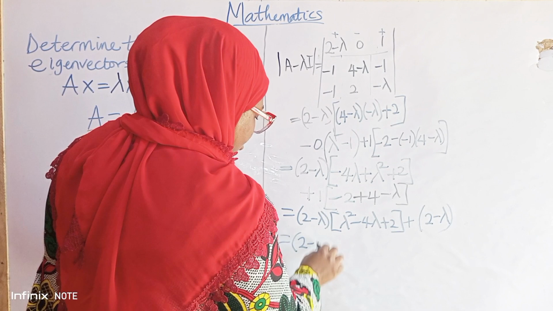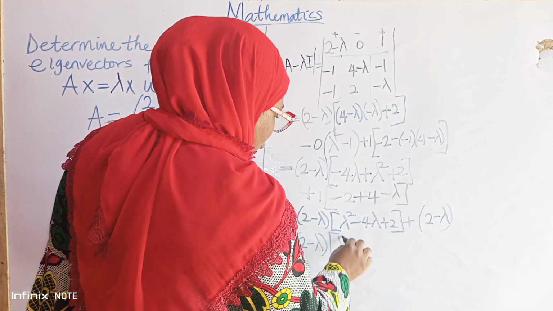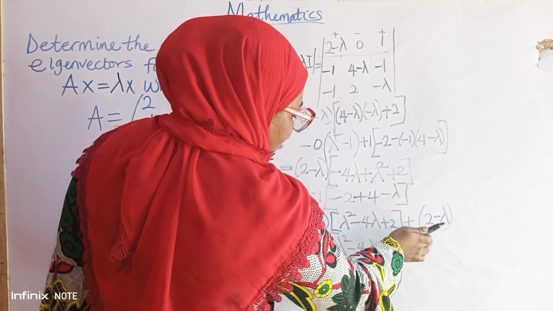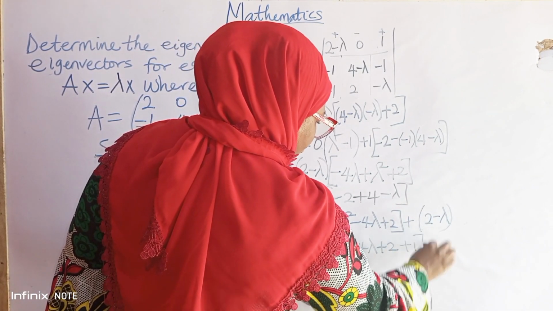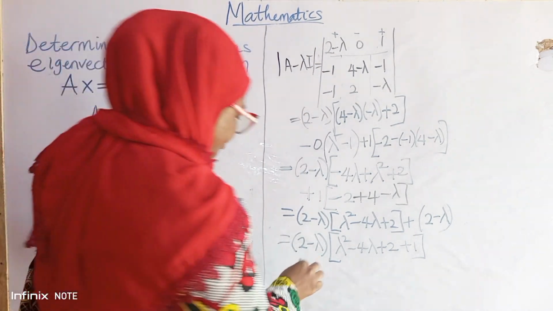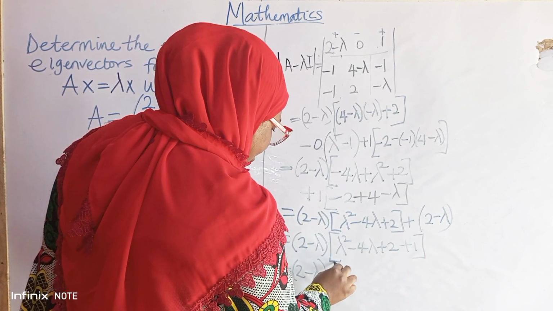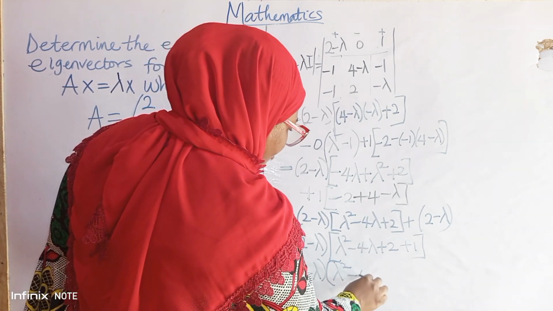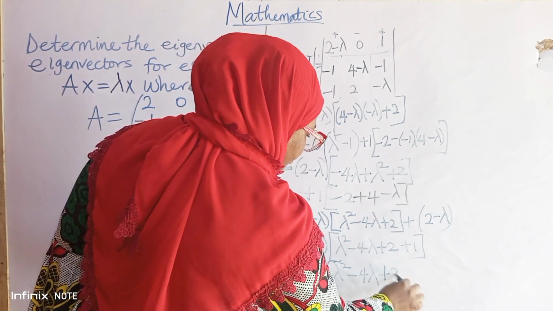We have 2 minus lambda into brackets lambda squared minus 4 lambda plus 2, then factorizing 2 minus lambda out here we have plus 1. So now I have 2 minus lambda into brackets lambda squared minus 4 lambda, then plus 2 plus 1, which is plus 3.